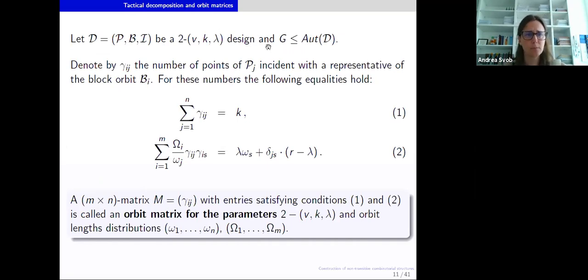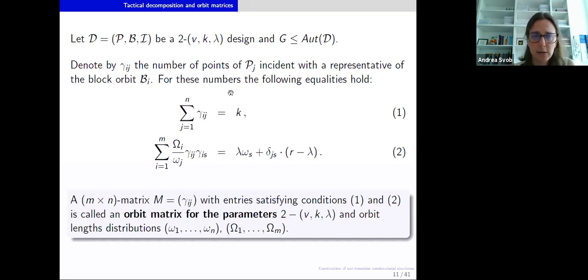Okay, so now let us denote by gamma ij the number of points from a partition of points that are incident with a representative of the block orbit Bi. So we are counting the number of points which are incident with a representative of the block from the block orbit. It is not difficult to prove these 2 conditions.